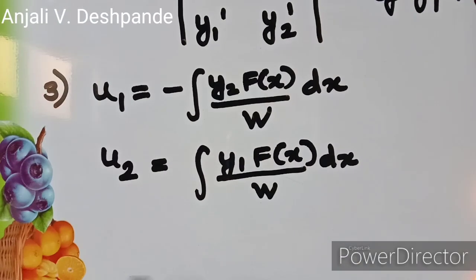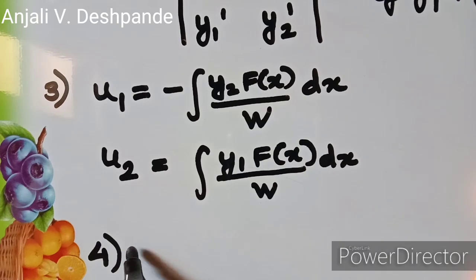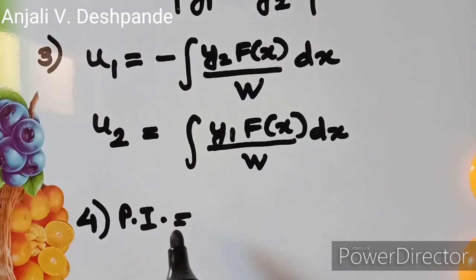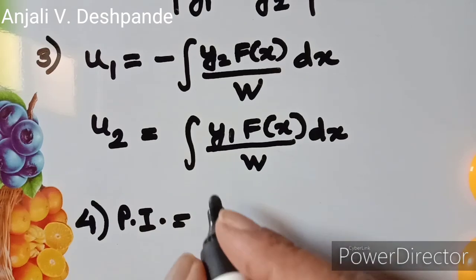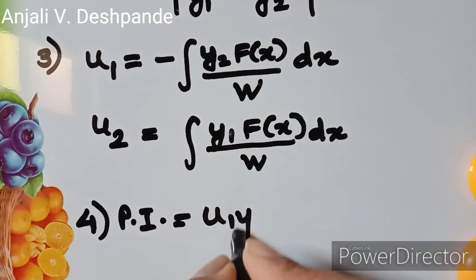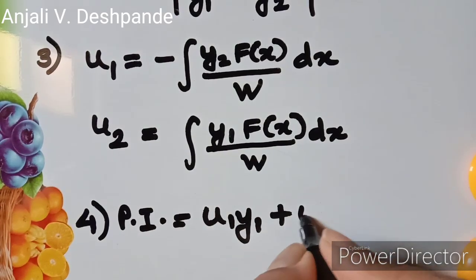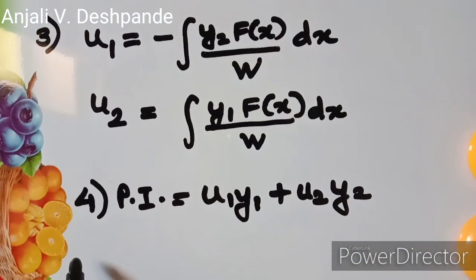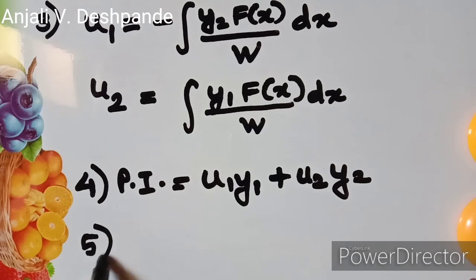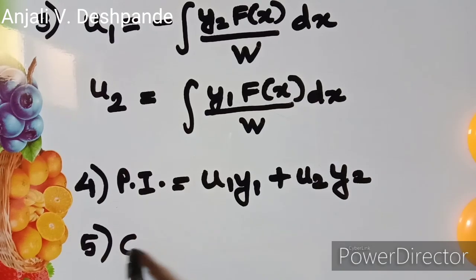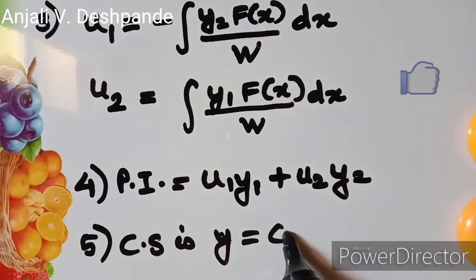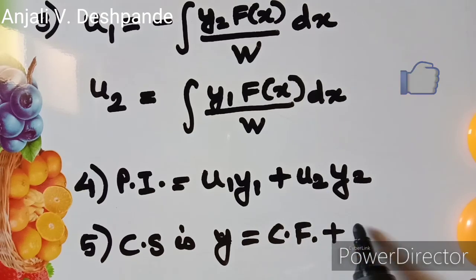And in the last step we will get the PI. PI is equal to u1 y1 plus u2 y2, and then finally we will write the complete solution. Complete solution is y is equal to CF plus PI.